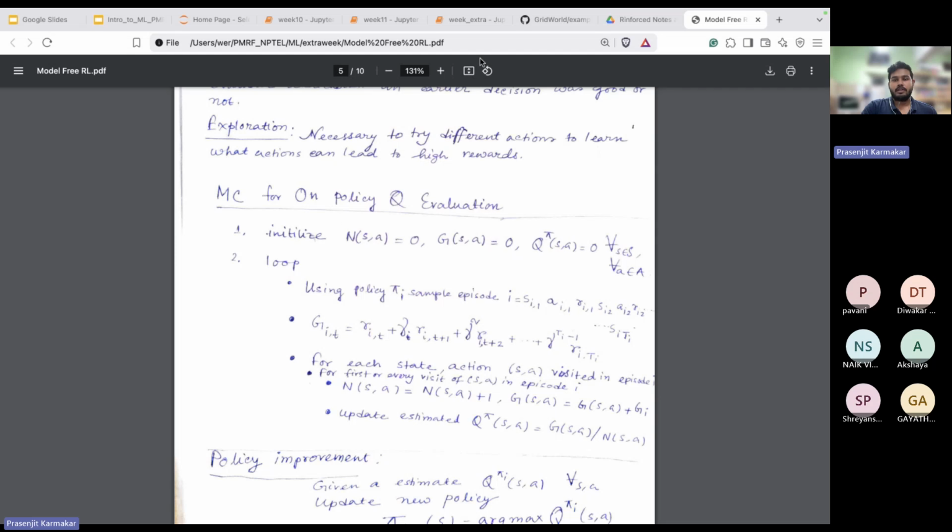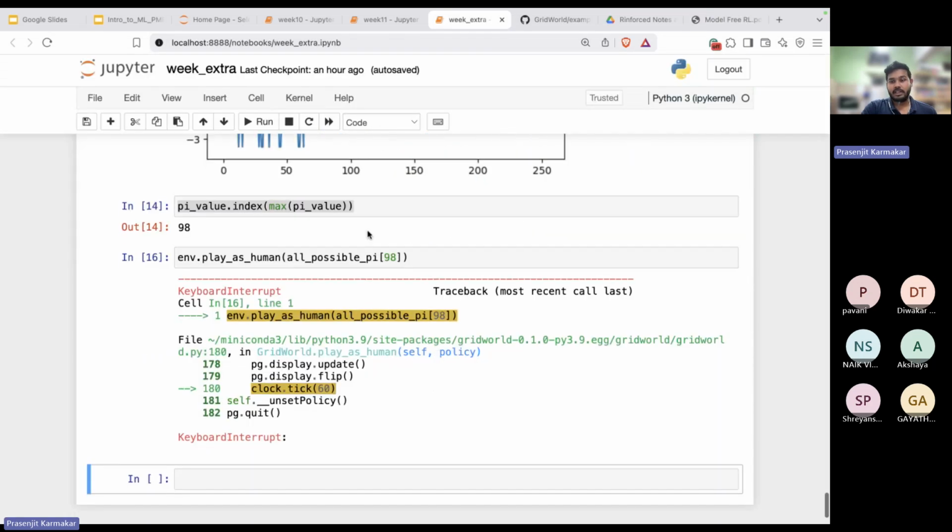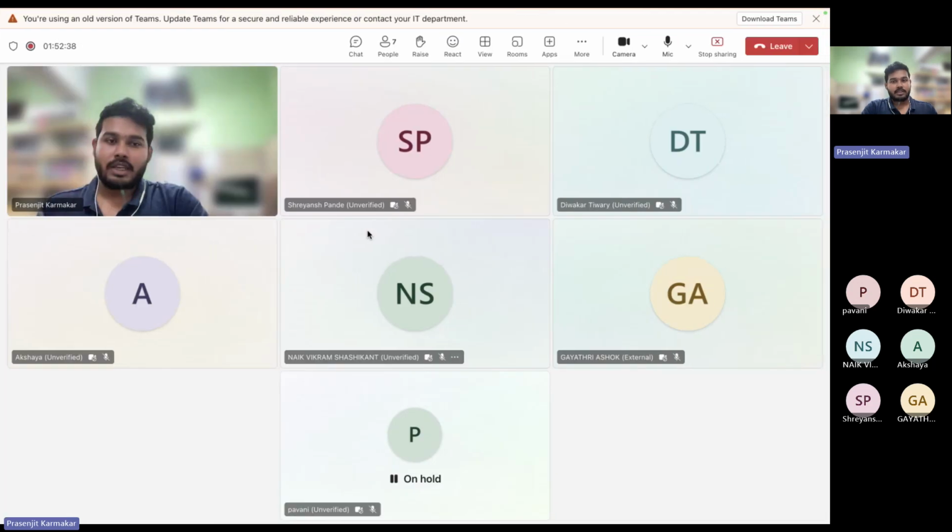Okay. So I will share these notes and everything with you, even today's code up till the TD learning. And these are extra. So the TD learning is the last thing that you have.